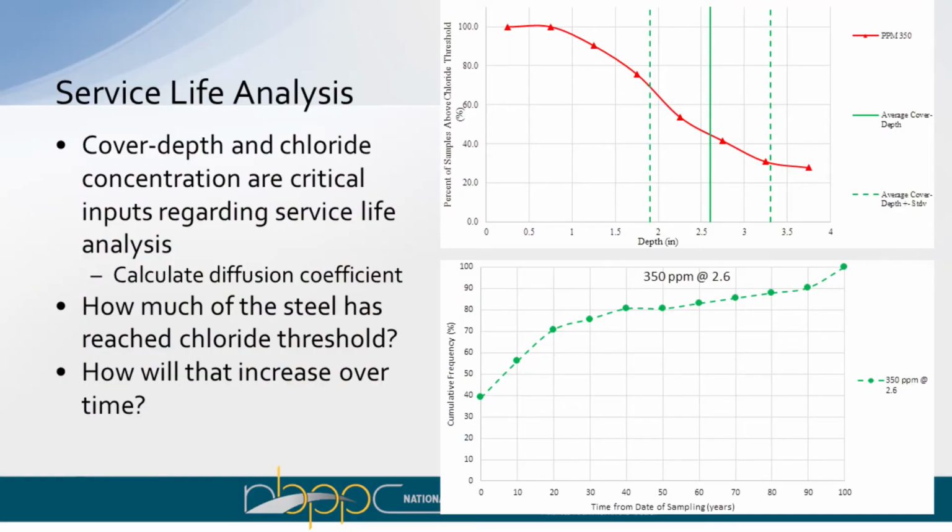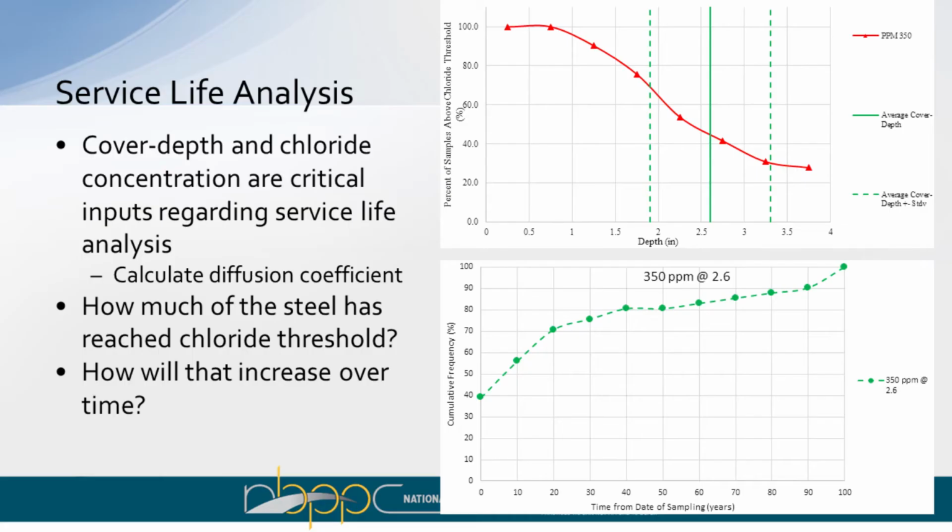And so using cover depth from the GPR and chloride concentration, we can use these inputs to do a service life analysis and calculate, well, how long will it take for your chlorides to reach your steel? How much of your deck is exposed to potentially over-threshold concentrations, and how will that concentration increase over time? And effectively, that's just what these two plots are showing. Just showing a curve.